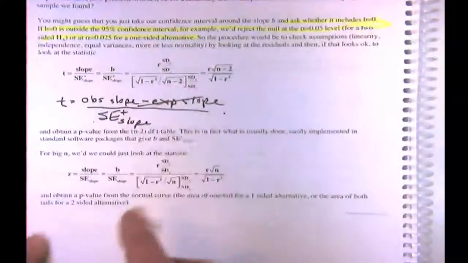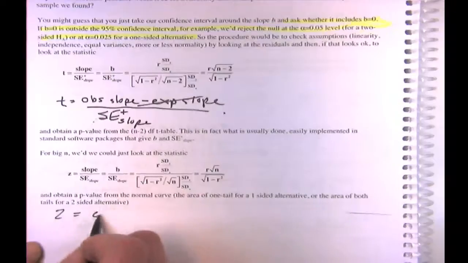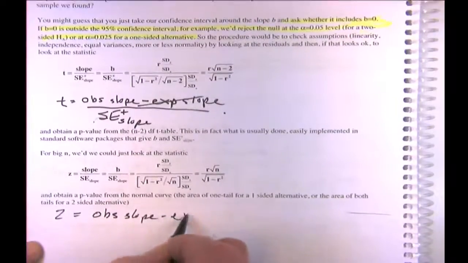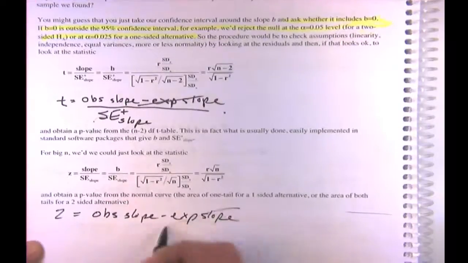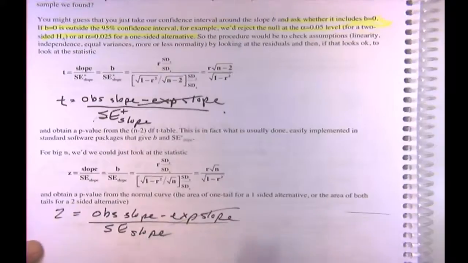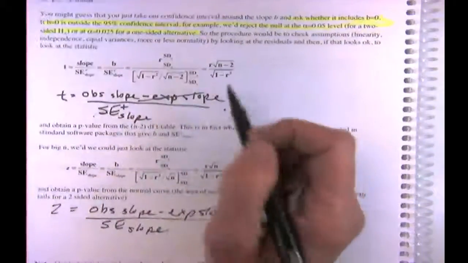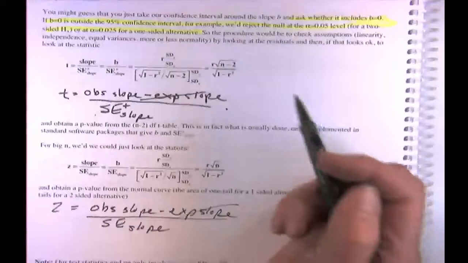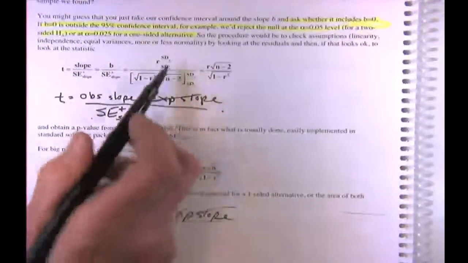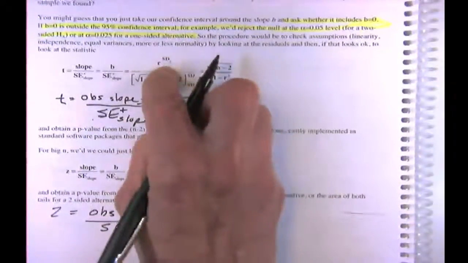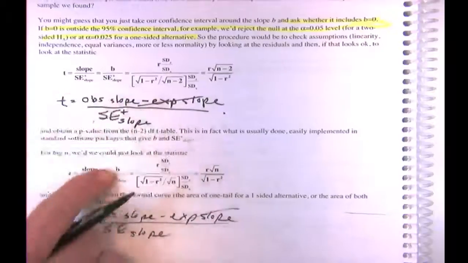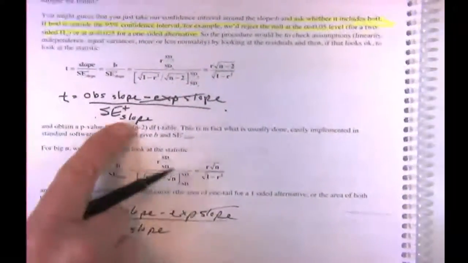All right, so we have this, and we can do the same thing. z equals the observed slope minus the expected, which is always 0 under the null. Then you simplify it, and look how nicely it simplifies. I want everybody to look at this because it makes it really easy to remember. Do you see how the units cancel out? We're basically making it unit free.